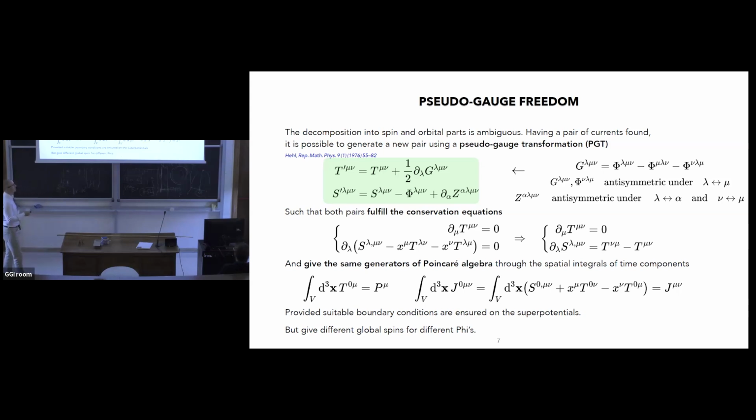So basically these two properties are always fulfilled, but this freedom for shifting the spin and orbital part of the angular momentum remains.